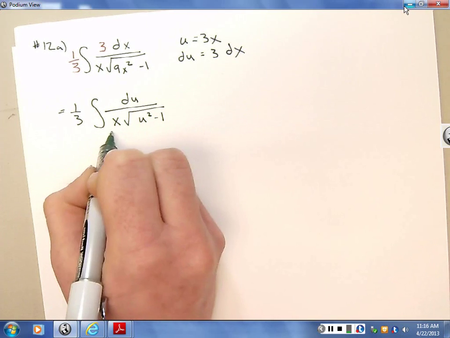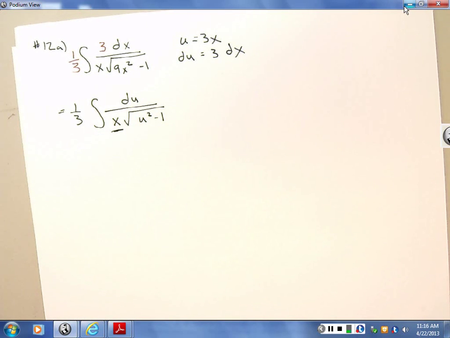Now I have a problem with this x. Is there another way I could write it? u divided by 3. See if that gives me what I want.